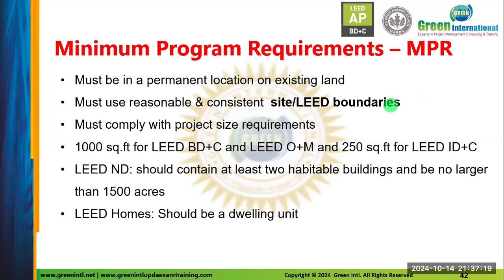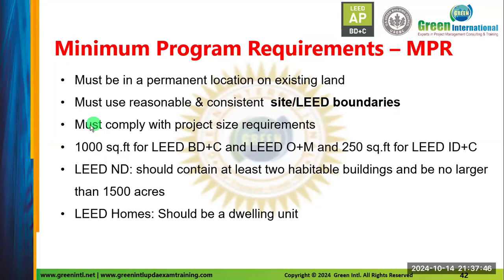If they know that you are gerrymandering, meaning your site boundary is not clear, where are your site limits? And only you can decide the site limits, by the way, not anyone. No one will decide for you. You decide as the owner: these are my boundaries, this is my project and this is my landscape. Okay.